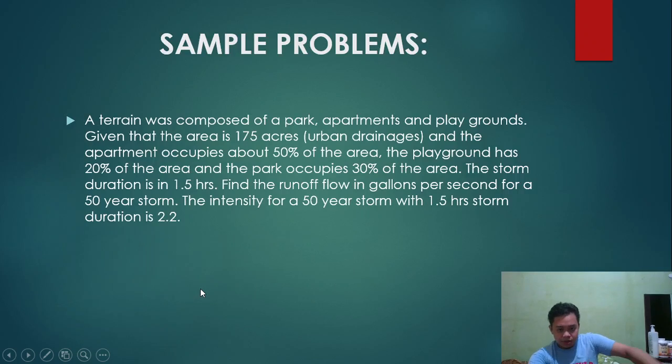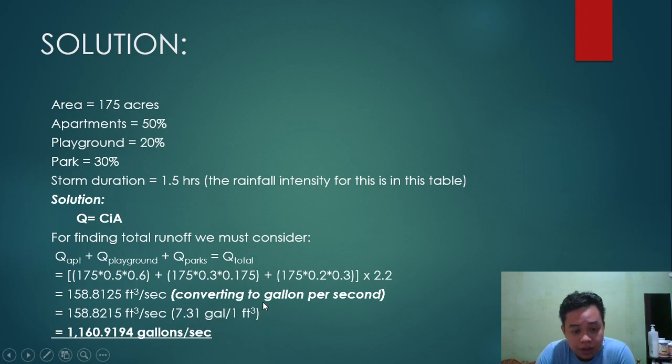So in the problem, it says find the runoff in gallons per second. So converting to gallons per second, 158.8215 cubic feet per second times 7.31 gallons divided by 1 cubic foot. So cubic feet cancels out, then the answer would be 1,160.9194 gallons per second.